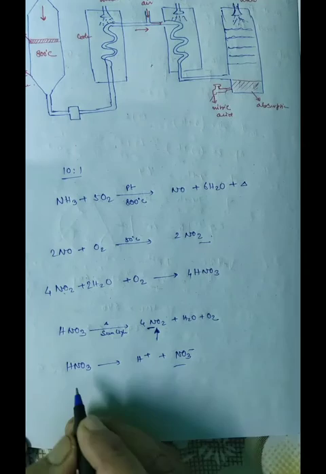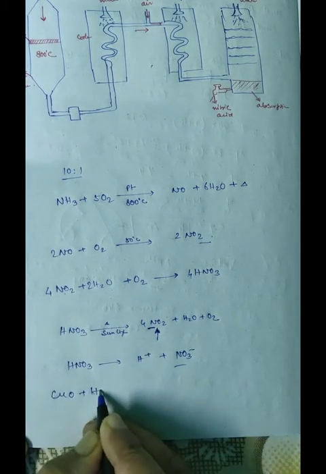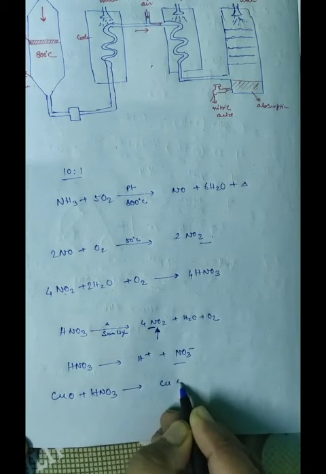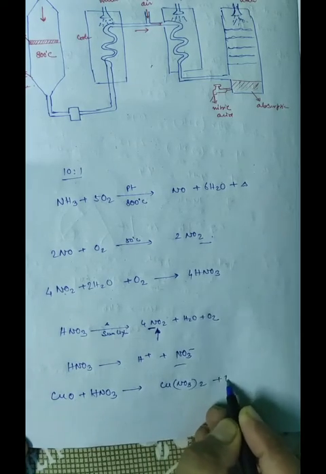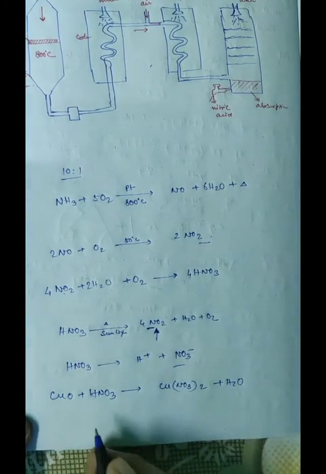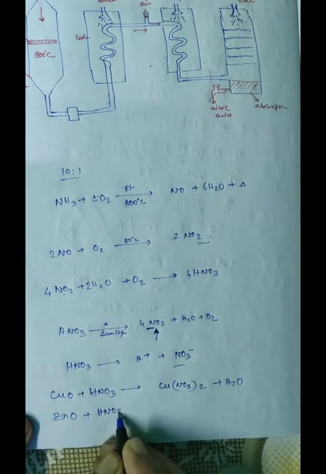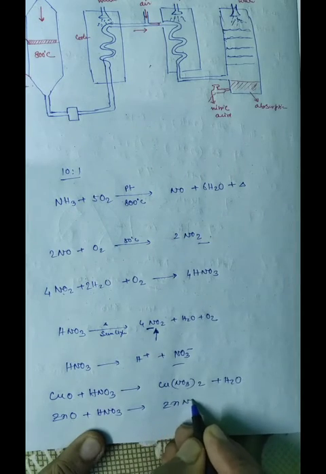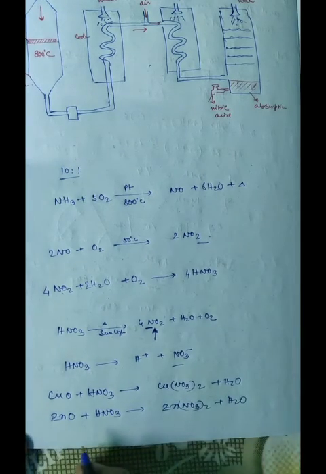Dear student, here, say CuO plus HNO3, then it will give copper nitrate plus water. Zinc oxide plus nitric acid will give zinc nitrate plus water.